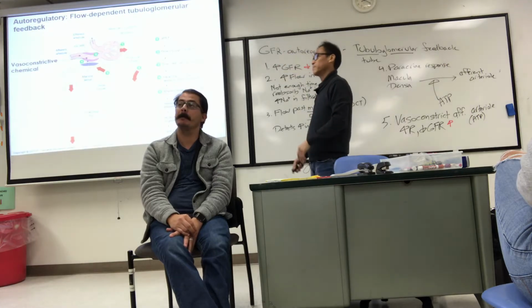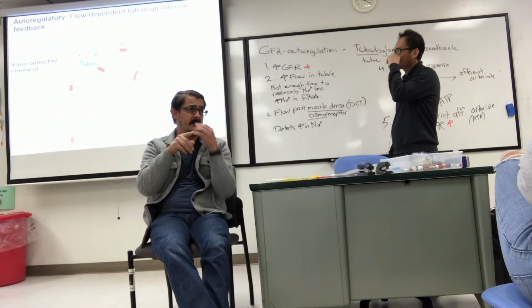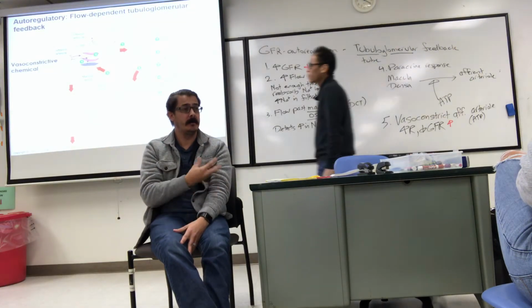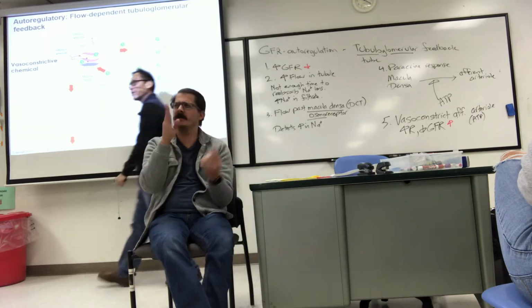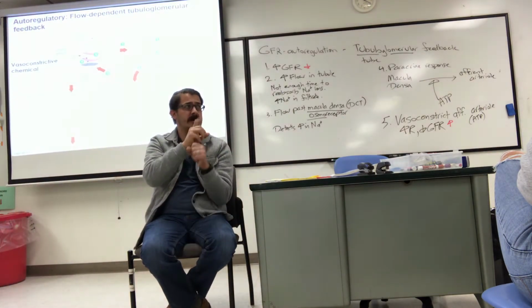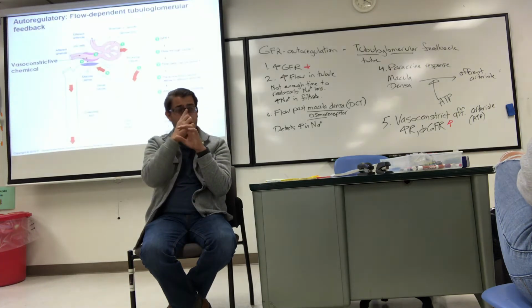Professor? Yeah. So, for the opposite direction, is that what dialysis is for? Like the shunt? For the opposite direction? I didn't understand that. So, for vasoconstriction, dialysis is either to reverse if it's too constricted, right? Mm-hmm.